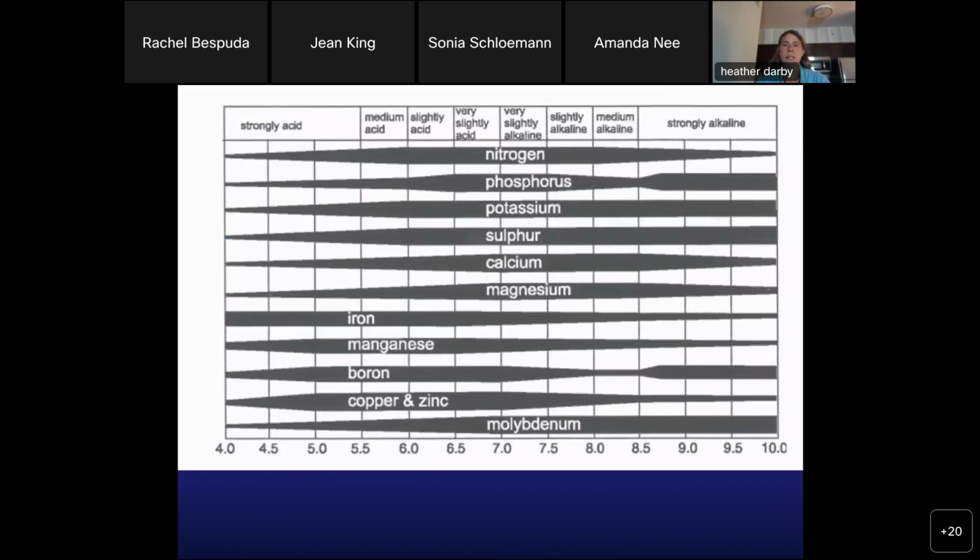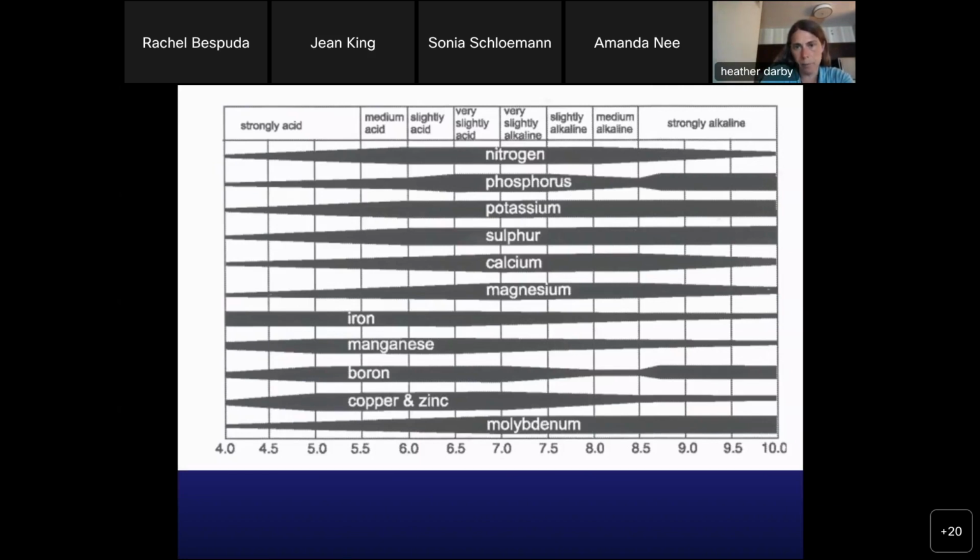So you can see that most of our macronutrients, nitrogen, phosphorus, potassium, sulfur, calcium, and magnesium, are mostly available when the soil is slightly acidic to slightly alkaline, right? And you can see the more acidic the soil gets, the less phosphorus, potassium, nitrogen, all of those nutrients become, right?